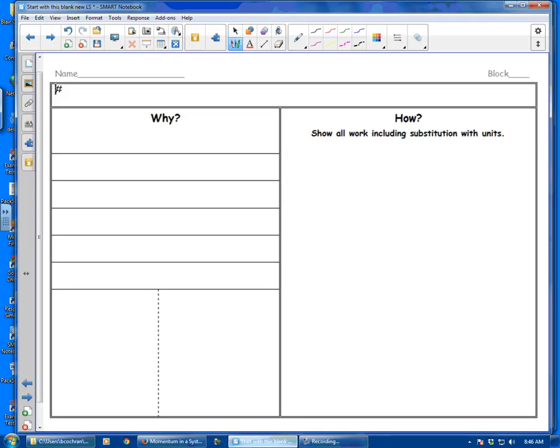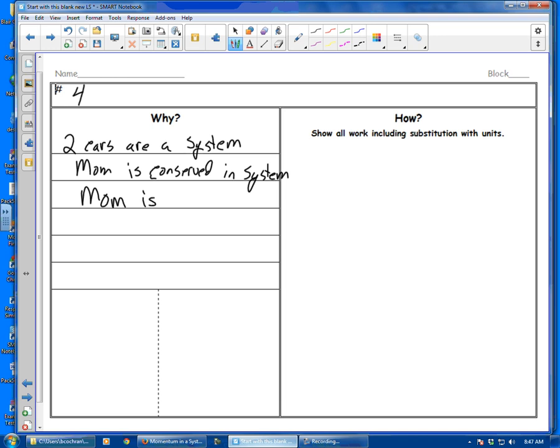So, this is number 4. 2 cars are a system. Momentum is conserved in system. Probably need to mention their momentum is a vector.